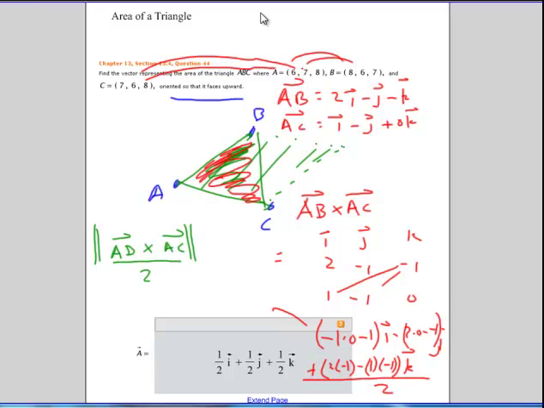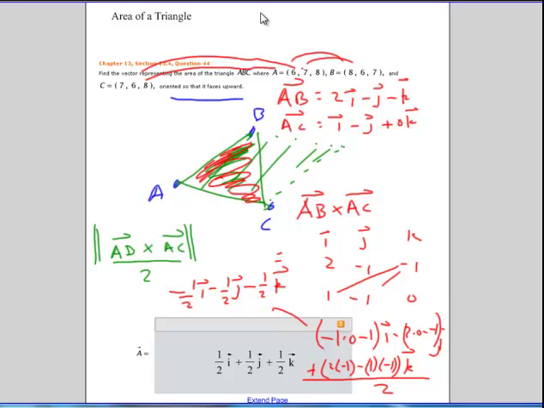So then what we get is negative 1 over 2 I minus 1 over 2 J minus 1 over 2 K.